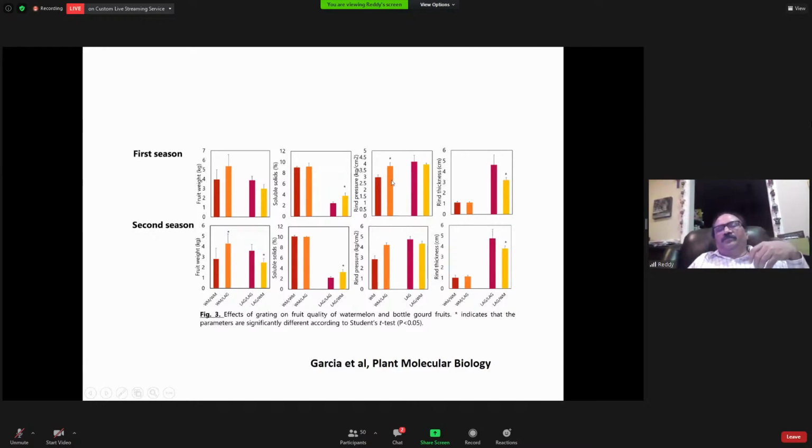The pressure also increased. But when Lagenaria is grafted, there is no difference in the Lagenaria rind. But in watermelon rind, the pressure increased. Probably that can keep watermelons a little bit longer or keep them safer while transporting, especially in trucks. The watermelons bang into each other and get cracks. That kind of damage can probably be prevented. And similarly, the rind thickness is the same in the watermelon. But when the Lagenaria is used as scion, its thickness reduced.